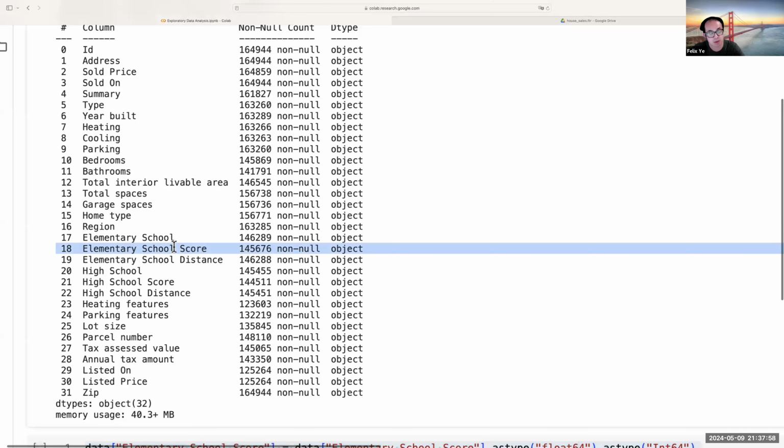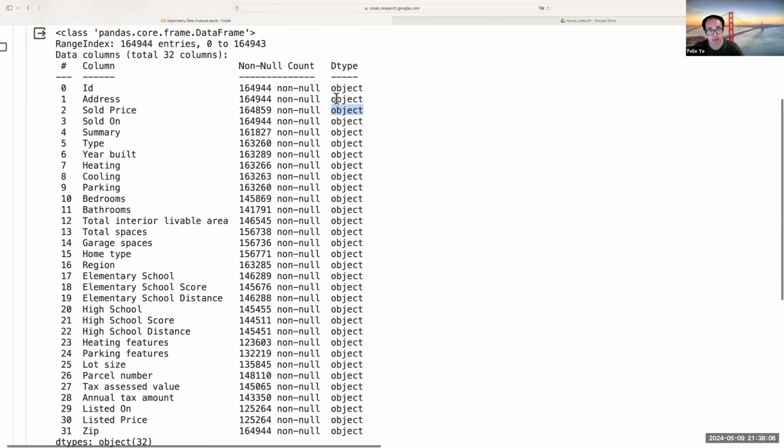For example, the elementary school scores are actually an object, and my sold price is also an object. You can think of an object as a string. It doesn't make any sense to treat your sold price as a string. If it is an object, it will only be considered categorical data, which is not true.